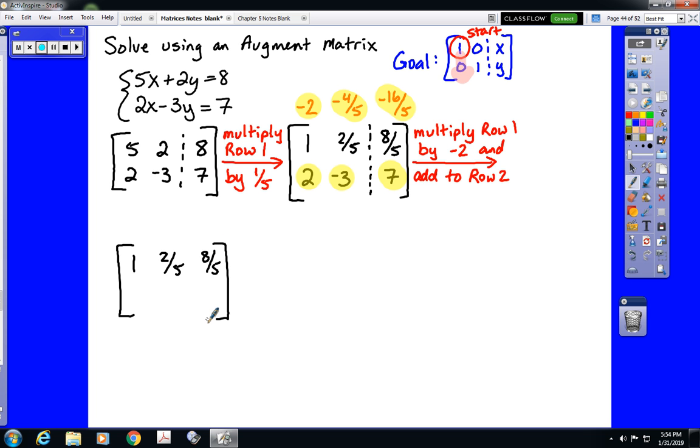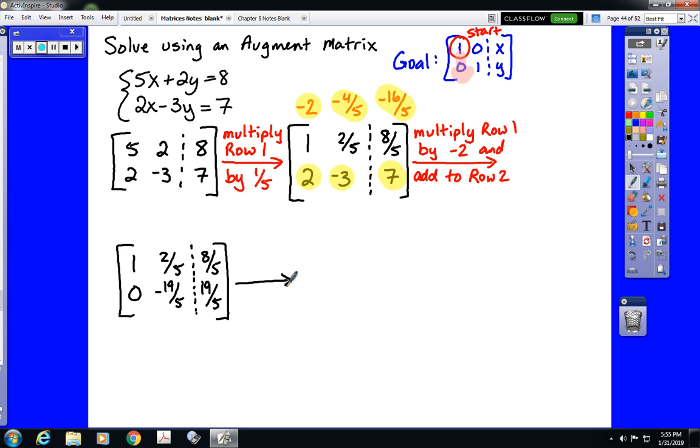And the new second row is 0, negative 19 fifths. I know, that's tough. Okay, this is negative 15 fifths. Get a common denominator. Add negative 4. And then 19 fifths. If you're unsure about it, use your calculator. That is what it's there for.